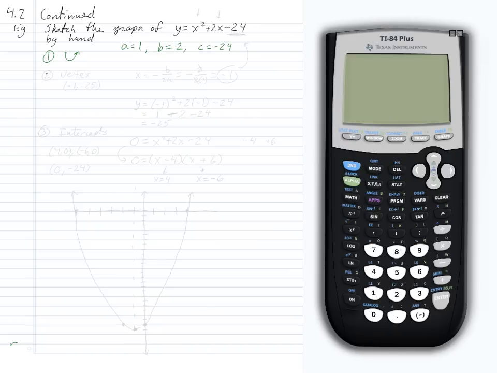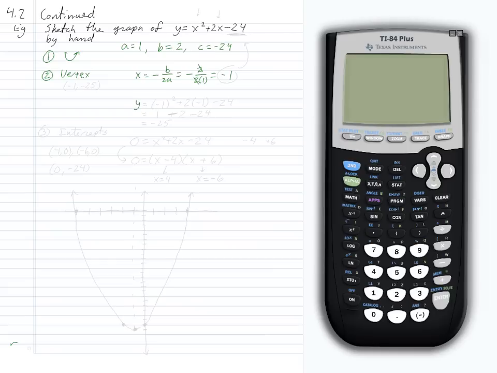Then we want to find the vertex. So remember, the vertex is going to have an x-coordinate of opposite of b over 2a. So b we said was 2, and a we said was 1. So what does this simplify down to? Well, our 2's cancel, and we just have negative 1.